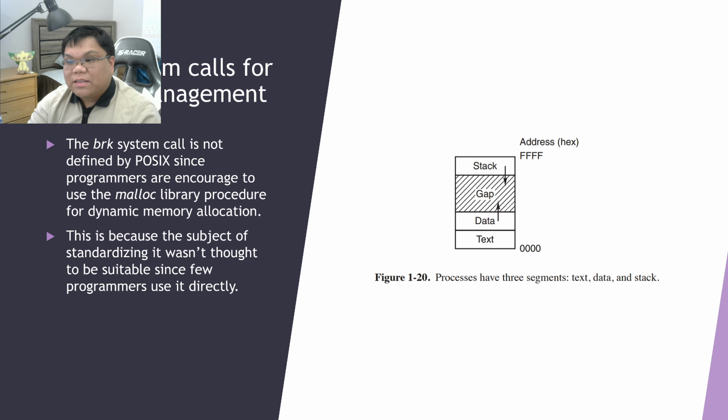Also, the brk system call is not defined by POSIX, since programmers are encouraged to use the malloc library procedure for dynamic memory allocation. This is because the subject of standardizing it wasn't thought to be suitable, since few programmers use it directly. Okay, so these were all system calls for process management.